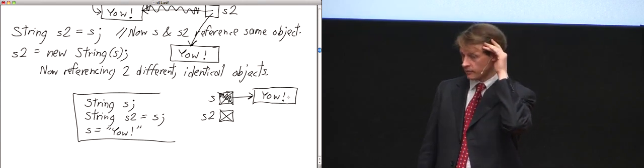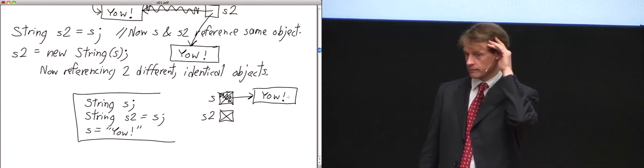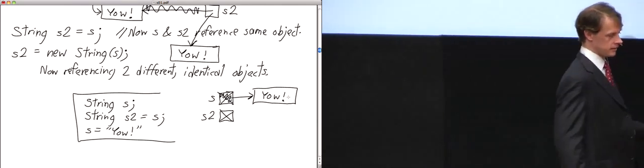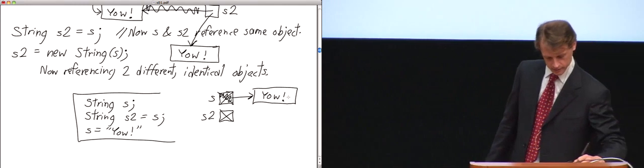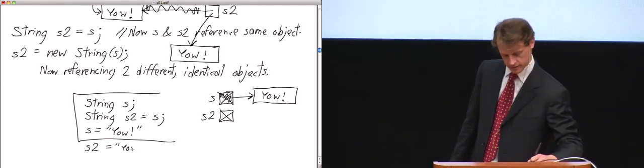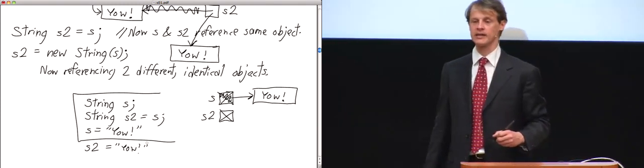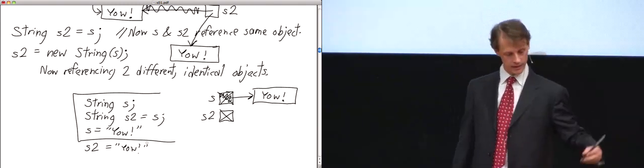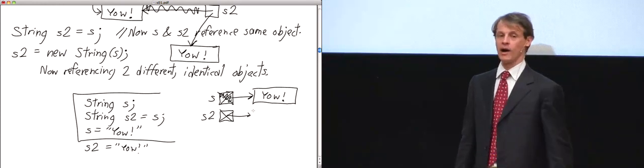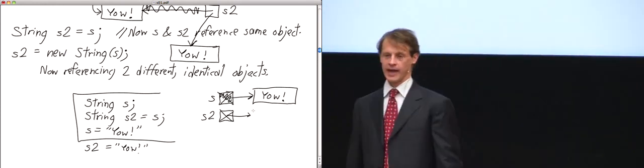If you assign, say what again? Are you saying if I do this? Or did you have something else in mind? If you do this, then, well, here's where you get into Java arcana.